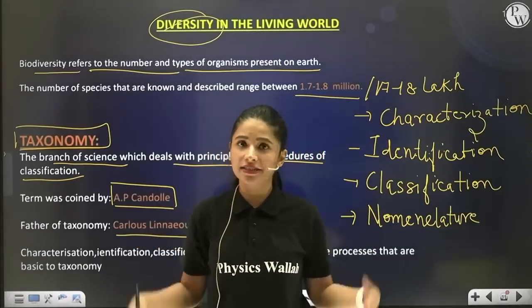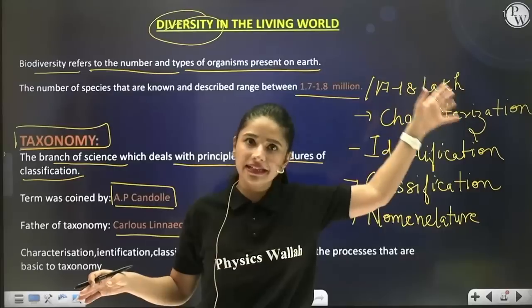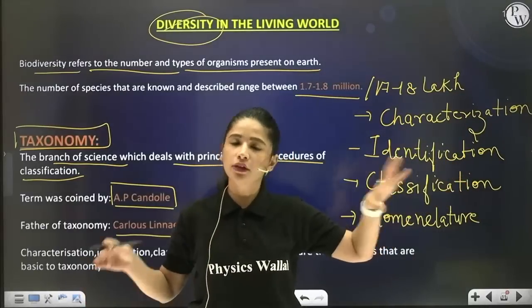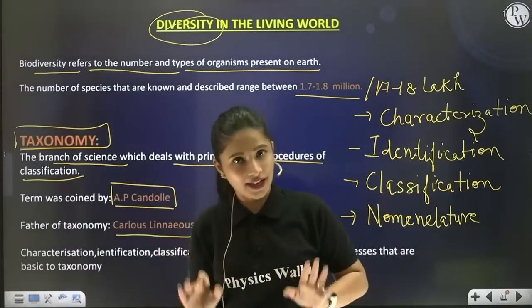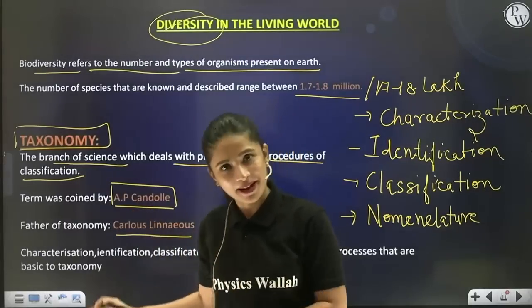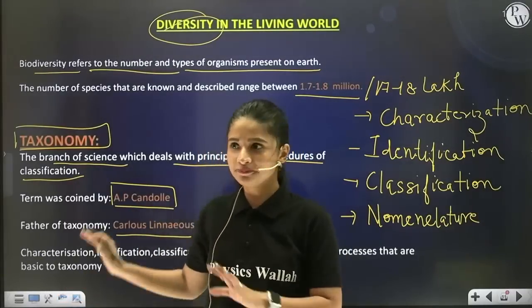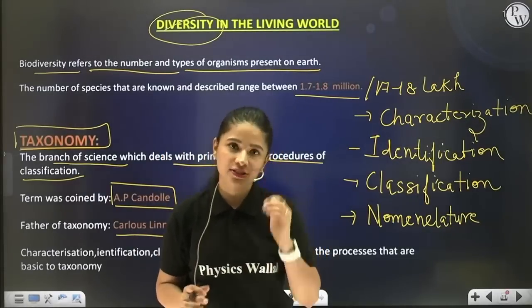This scientist is very important. He is one of the famous scientists of classical times, and he has done a lot in the field of biology. So he is a very important person in my life, in your life. So please remember his name. And yes, he is known as father of taxonomy.